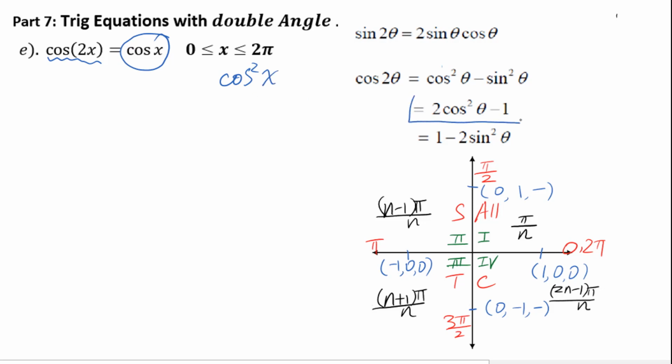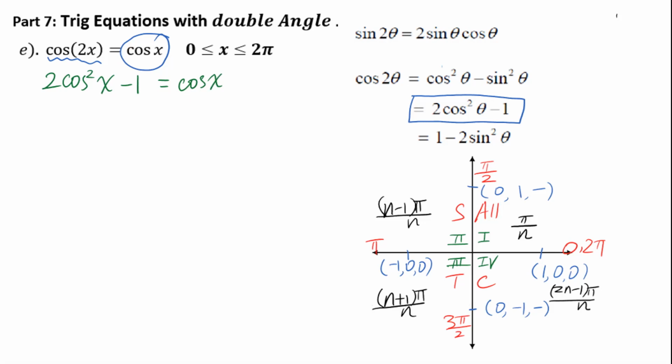This one has a cosine square x. Therefore, we need to change cosine 2x into 2 cosine square x minus 1, then equals cosine x. This is a quadratic pattern. Therefore, you need to get equal to 0.